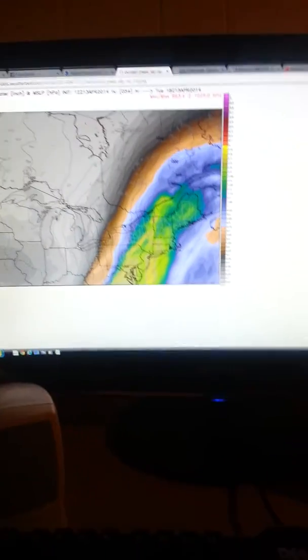So let's talk about the dynamics here that we would need for thunderstorms to form. But before I do that, I just want to show you why we're going to be getting heavy rain. What we're going to take a look at right now is something called precipitable water.